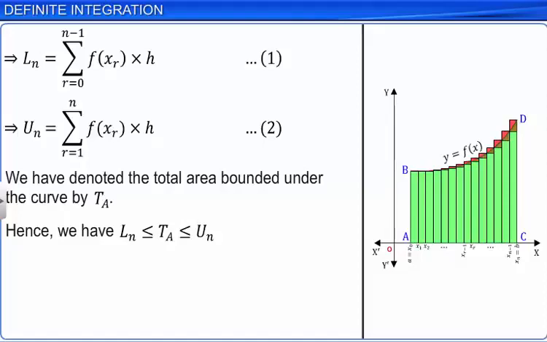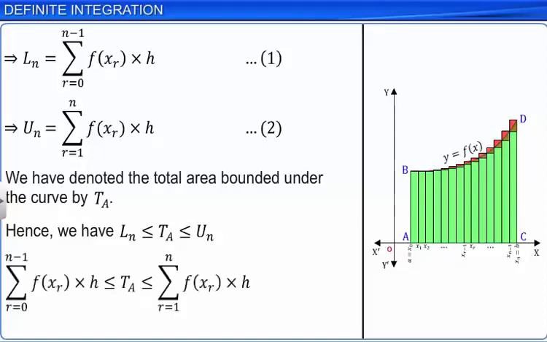As n tends to infinity, the rectangles become narrower and narrower. It is assumed that the limiting values of the lower sum and the upper sum are the same in both the cases, and that the common limiting value is the required area under the curve.